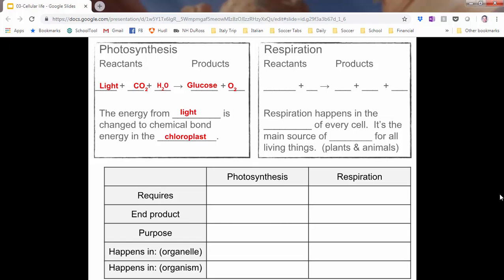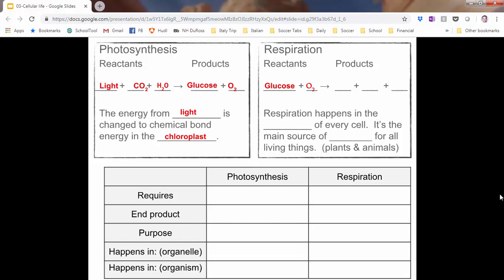Okay, respiration. Give me a reactant in respiration. I'd like to see some new hands. It needs glucose. It needs oxygen. It produces ATP.